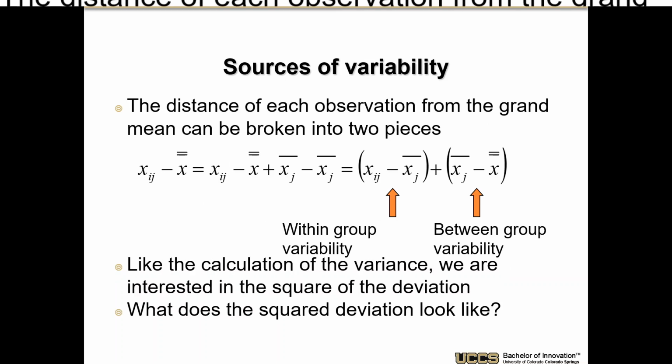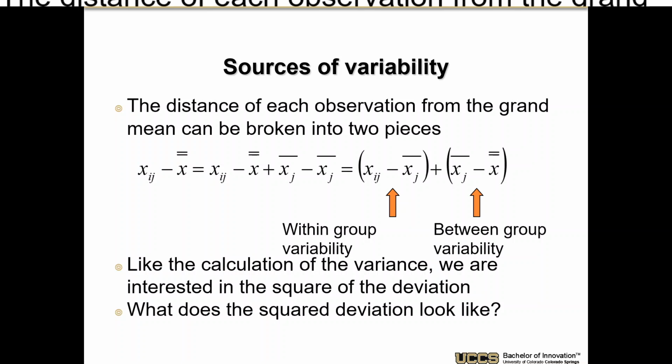So if I look at the difference between a sample and the grand mean, right? Well, I can actually express that as the difference between the value and the grand mean plus the difference between the group's mean. So I basically add and subtract a number. Weird hack.